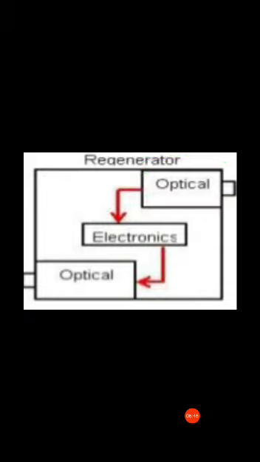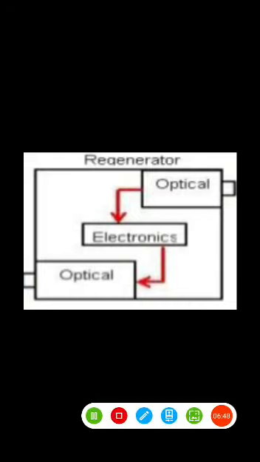So once again I am repeating. The regenerator receives the optical signal at the optical receiver. This optical receiver converts the optical signal into an electrical signal. That electrical signal is given to the electronic circuit.